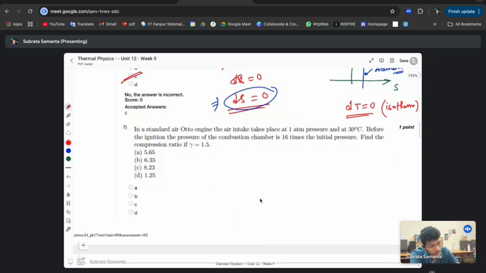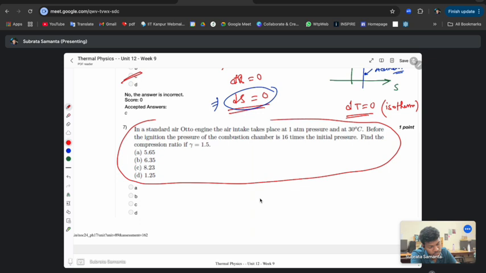Let's go to problem number 7. In a standard air Otto engine, the air intake takes place at atmospheric pressure at 30 degrees centigrade. Before the ignition, the pressure of the combustion chamber is 16 times the initial pressure.